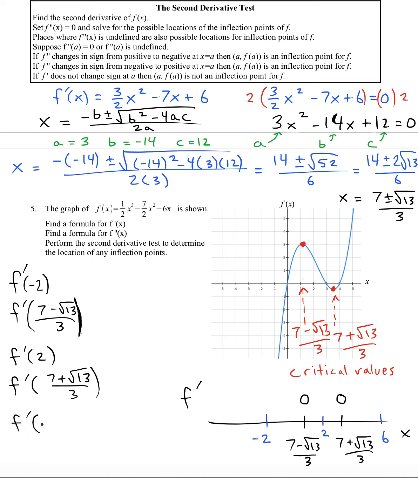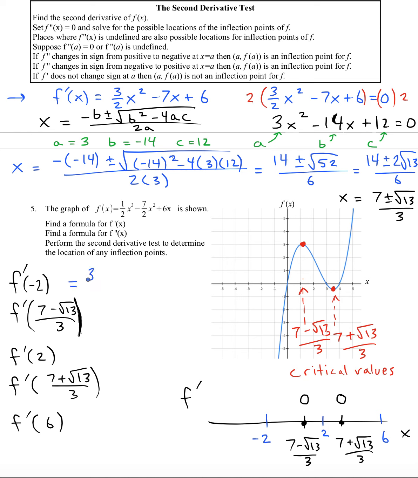And let's find an f prime of 6. Great. So I want to go back to the original derivative formula. That would be right up here. And I want to plug in the different x values.